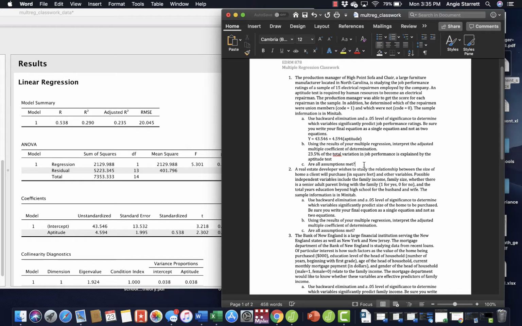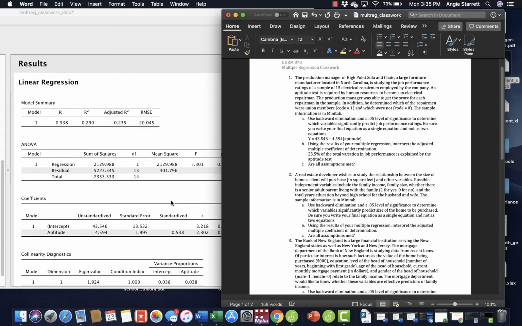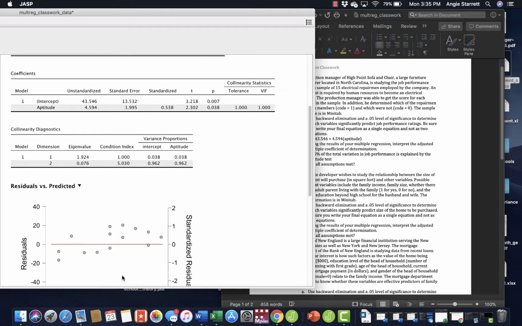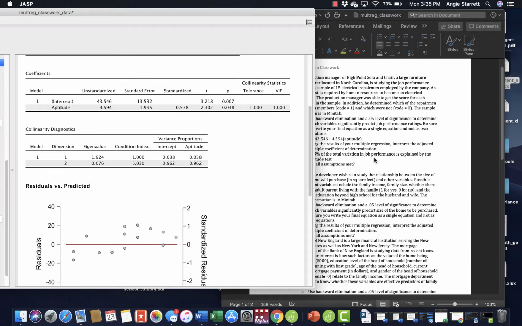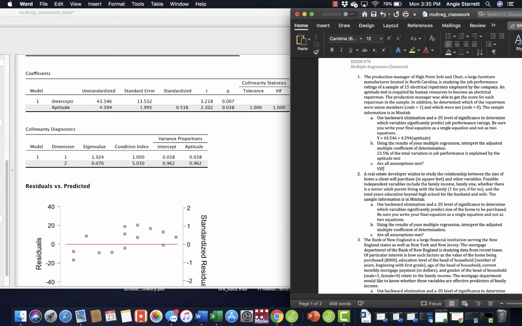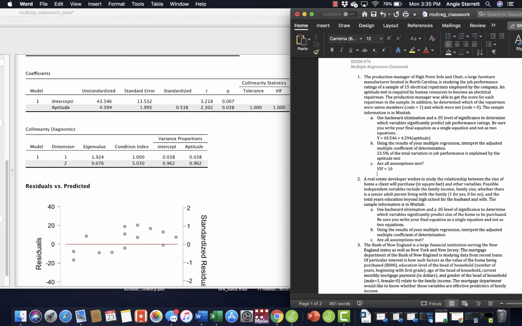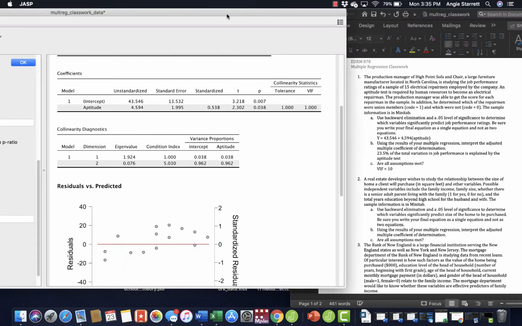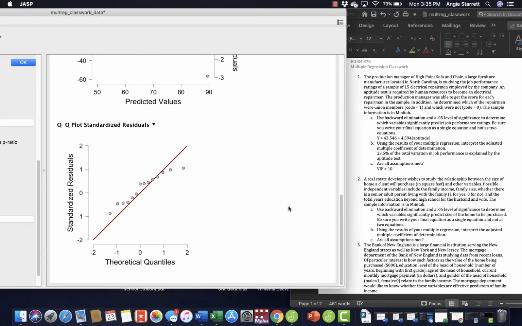Okay, are all assumptions met? All right, so let's start with multicollinearity. We see that our VIF is less than 10. So that's met on aptitude. Scroll down to our QQ plot. So this is one where we really don't like to see this deviation from our diagonal, but otherwise it looks really good.